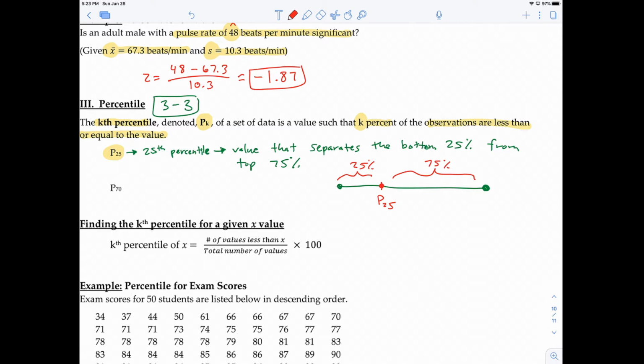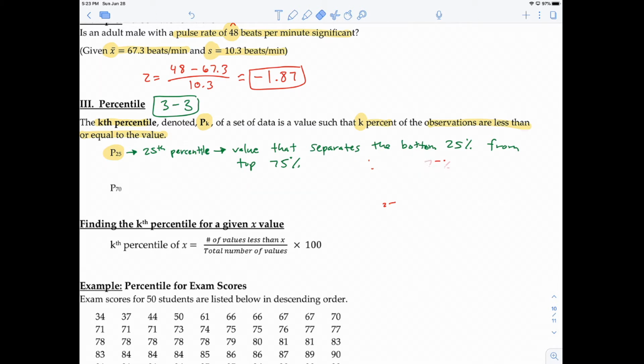The 75% I obtained because 75 and 25 gets you 100%. So if you're separating the bottom 25%, you're also separating the top 75%.